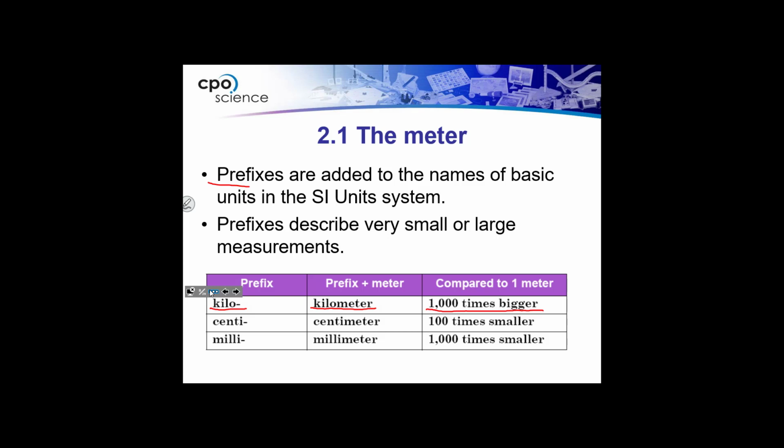Centi is for centimeters. They are 100 times smaller. And millimeter is 1,000 times smaller.